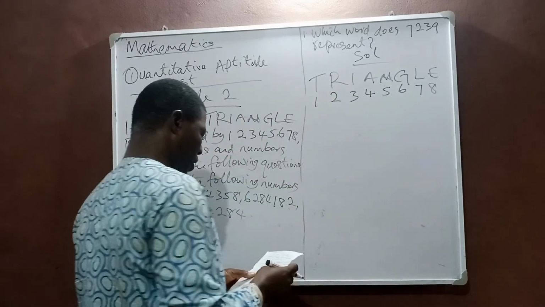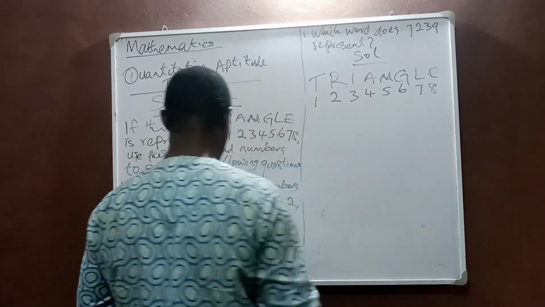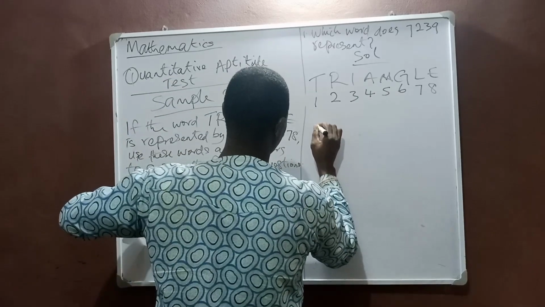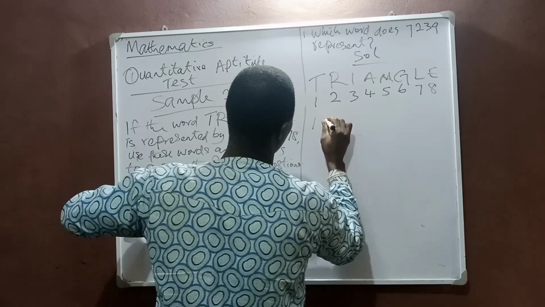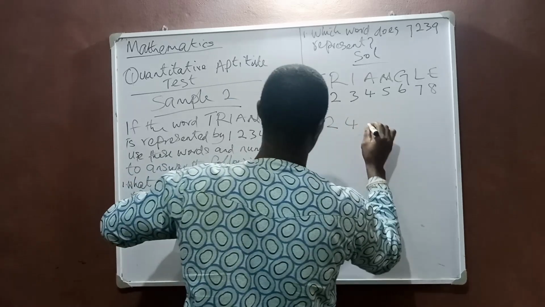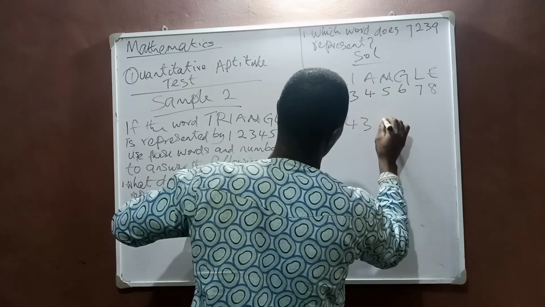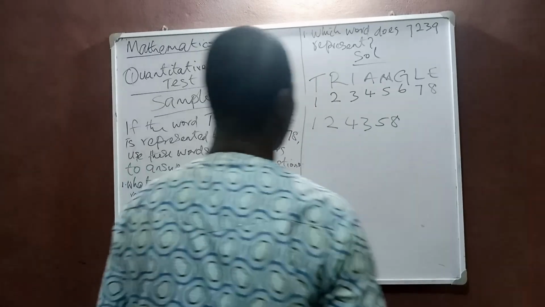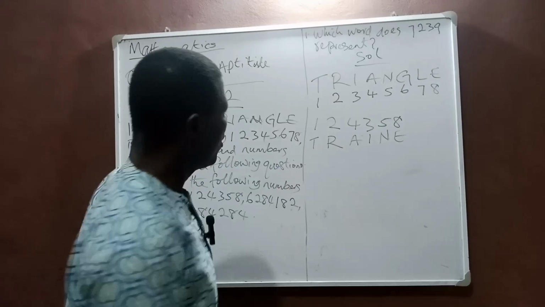Then for you to solve the question, the numbers they want us to find the word for are 1, 2, 4, 3, 5, and 8. How do you find the words that stand for these numbers?